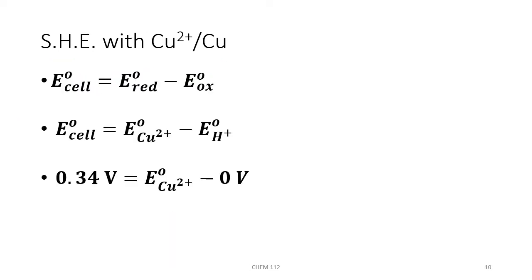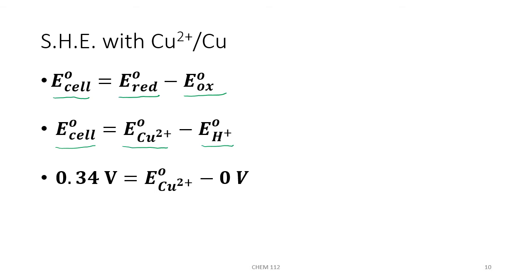So what would this look like mathematically? Our standard cell potential, E cell, is equal to the reduction potential of our reduction half reaction minus the reduction potential of our oxidation half reaction. In this scenario, E cell equals the reduction potential of our copper minus the reduction potential of our standard hydrogen electrode.